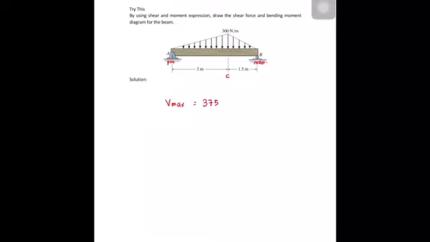It should be a negative value, but since I mentioned before you can ignore the negatives, the maximum will be 375, and then the maximum moment is equal to 450 Newton meter.